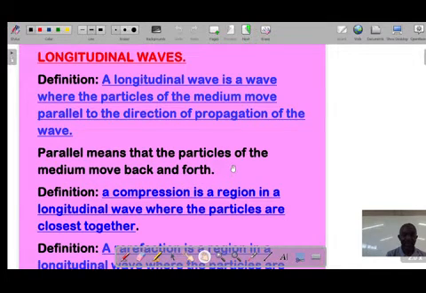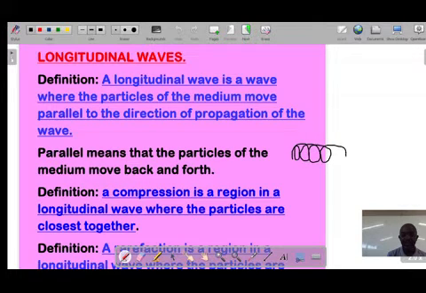We're going to look at these longitudinal waves by considering a spring. If you have a spring, for example, let me draw one here. If you push it forward and backwards, then it's going to form a wave which is moving forward and backwards.